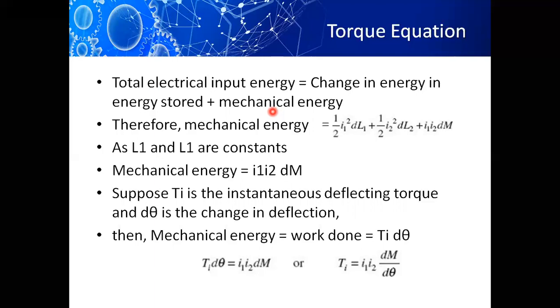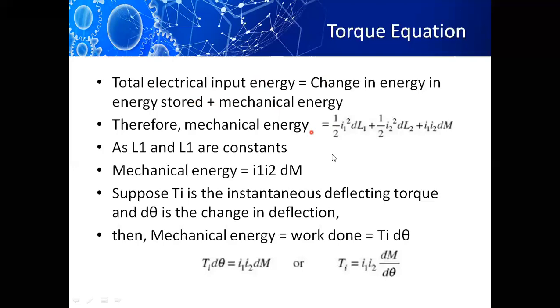We have already derived expressions for total energy input and change in energy, so we can now write that mechanical energy is total energy input minus change in energy stored in magnetic field.